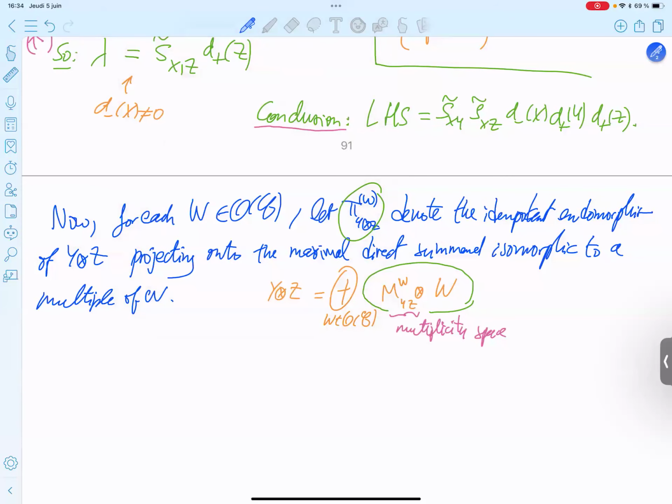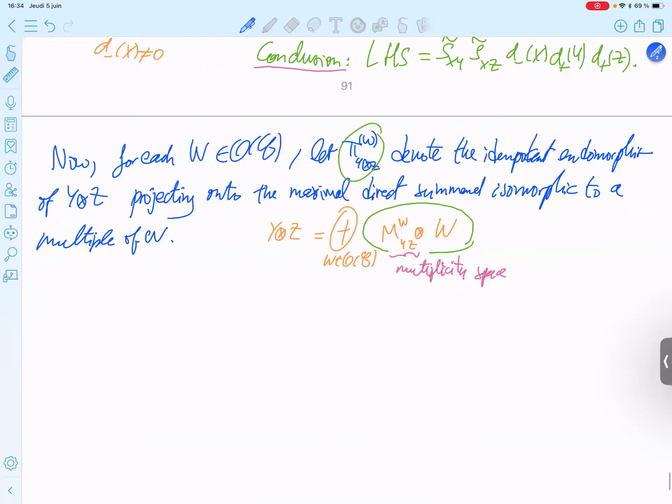In fact, we will write without picture, but we will prove it with picture.